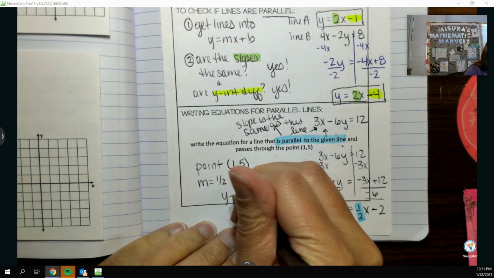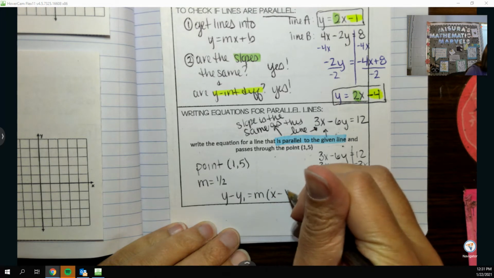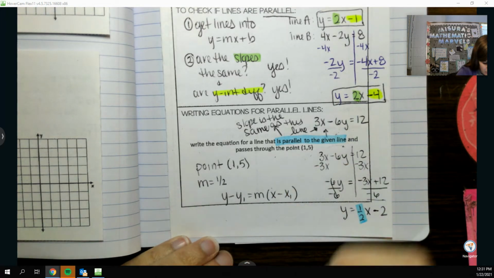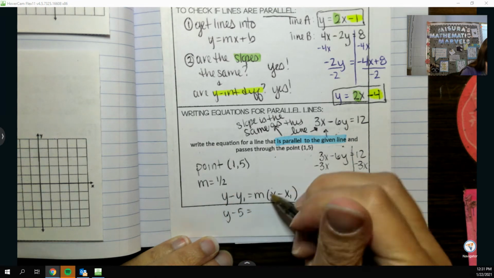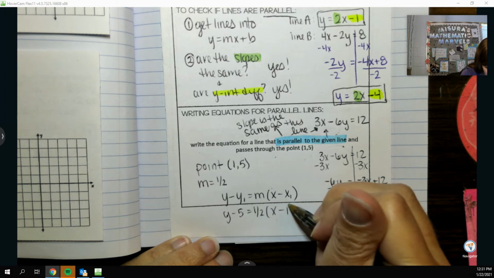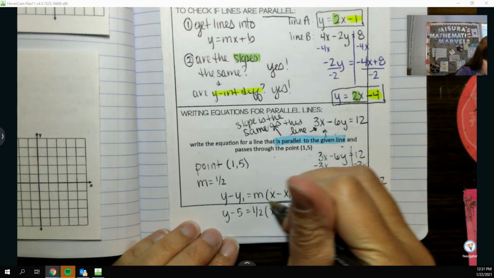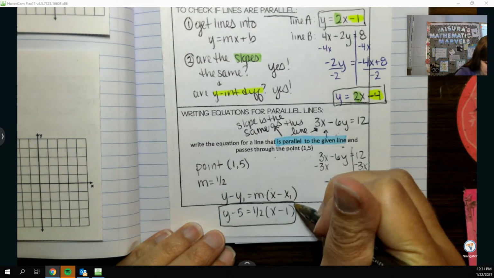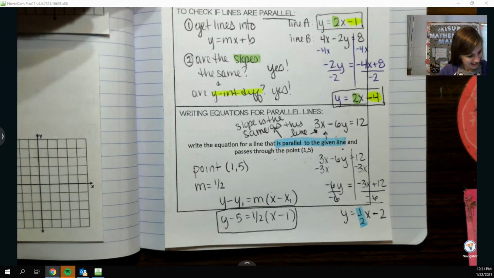So I'll do y minus y1 equals m, parenthesis x minus x1. I'll put y in for y, so y minus 5. I'll put slope in for slope, so half, parenthesis x minus 1. Now you could distribute and put it into y equals mx plus b, but then you're going to have to deal with a half thing, and I feel like, why? This is a perfectly acceptable form of a line. It's all good.